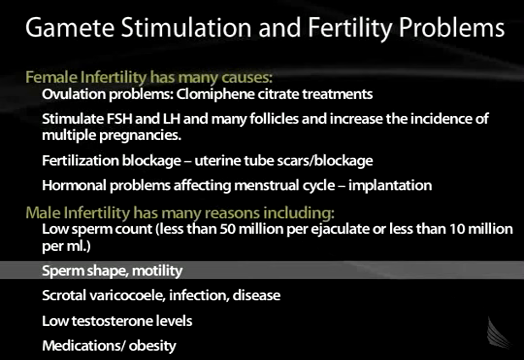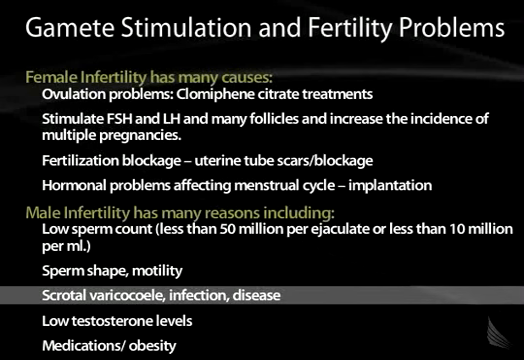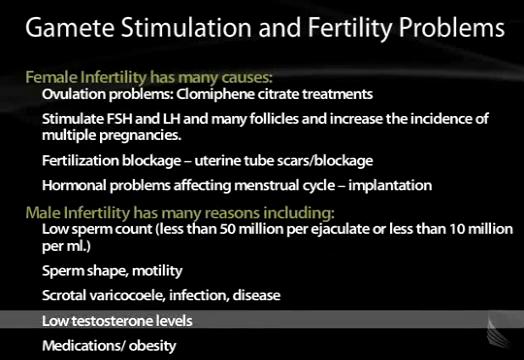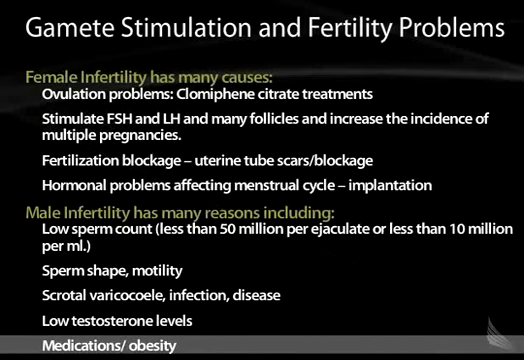There can be physical factors such as scrotal varices, where the venous dilations around the vas deferens will create too much heat for proper spermiogenesis in the testicle. There can be infection as well as disease that can affect the male fertility cycle. Low testosterone levels and even obesity.